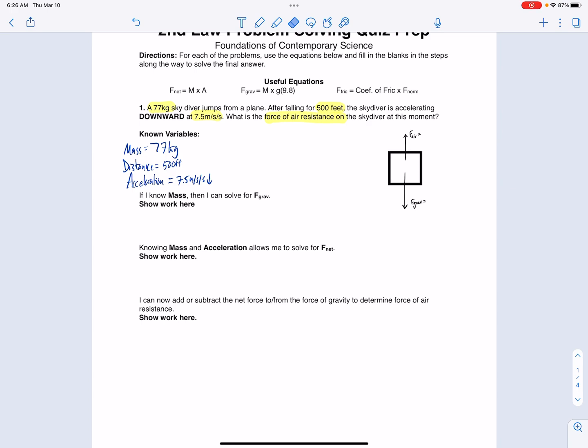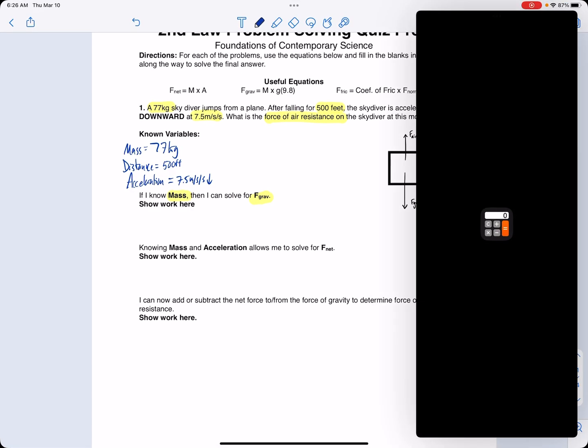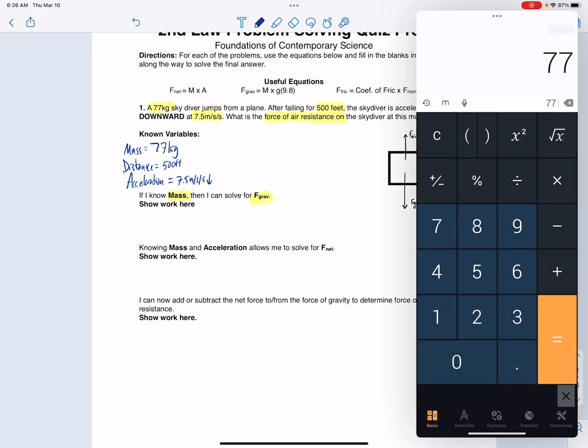So jumping right in here, if we know mass, then we can solve for F-grav. That has been step one all along, and we know right up here that F-grav is equal to mass times little g, 9.8. So let's grab our calculator here, and we're going to go our mass of 77 kilograms times 9.8.